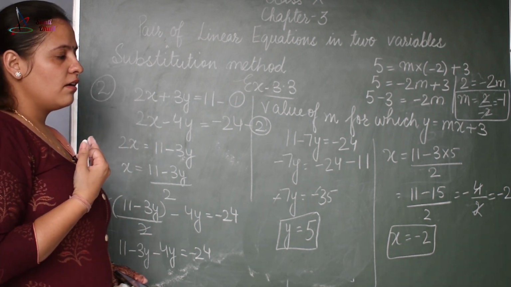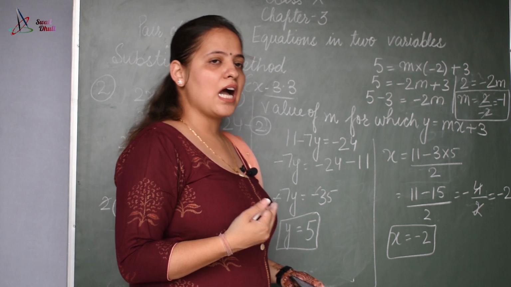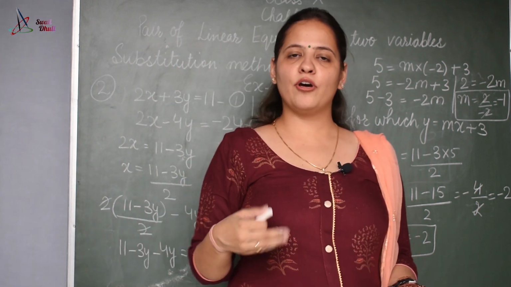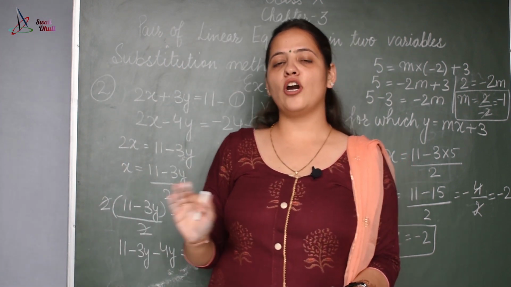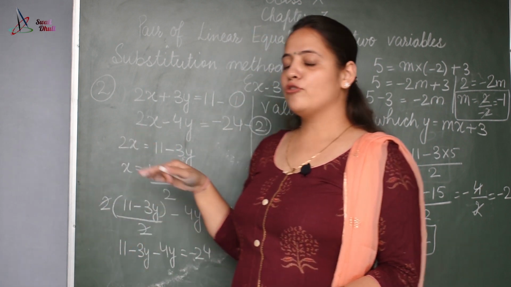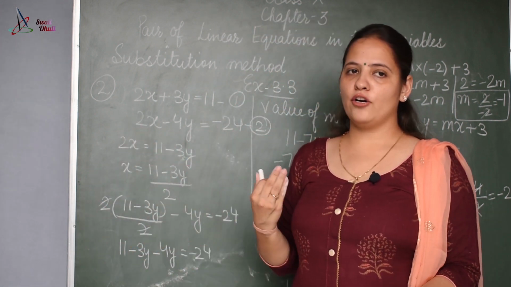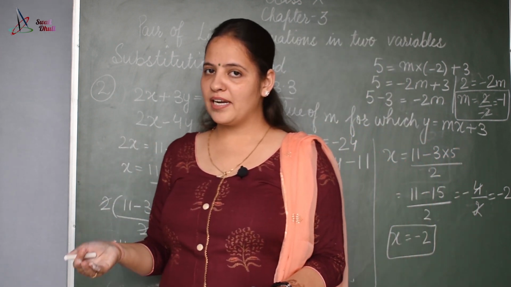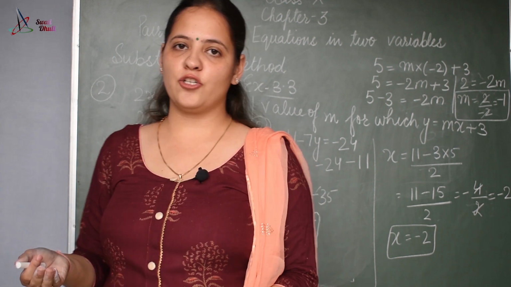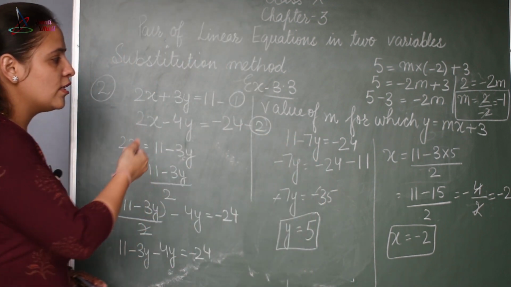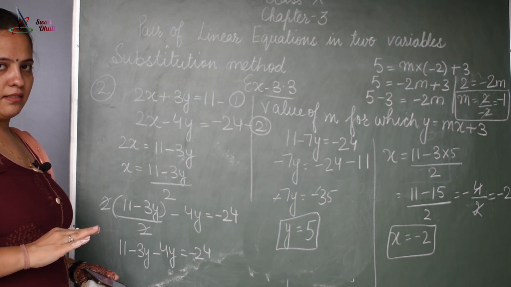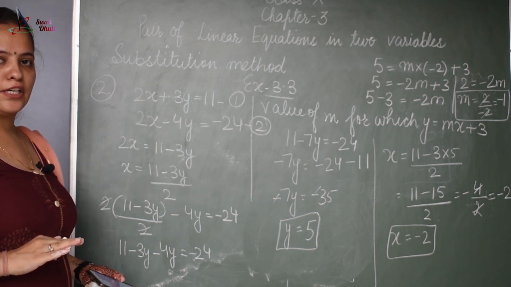Whenever this question is asked in your board exam or in any of your tests, it is not mentioned that you have to solve it by substitution method or by elimination method or cross multiplication method, but you can solve it by any of the methods and find out the value of m.